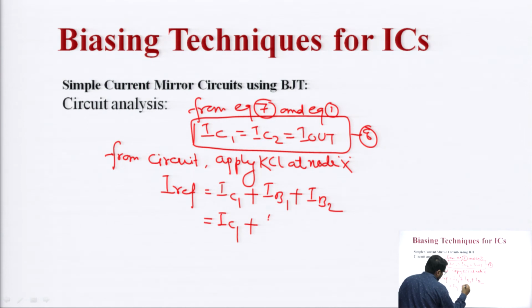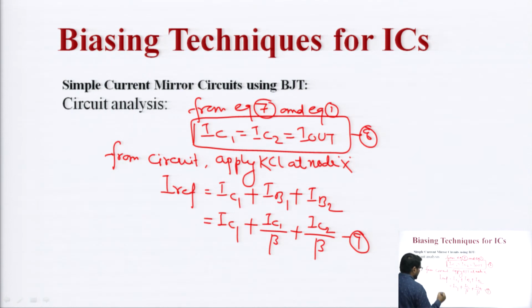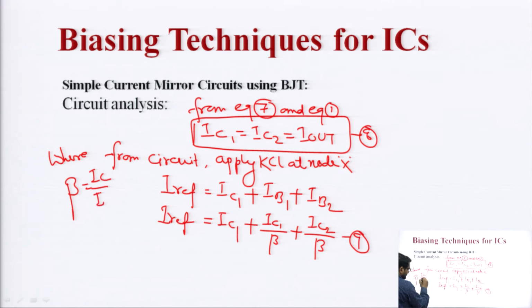We put here IC1 by beta, IC2 by beta. This is equation 9, where beta is IC by IB, the common emitter current gain. Okay.